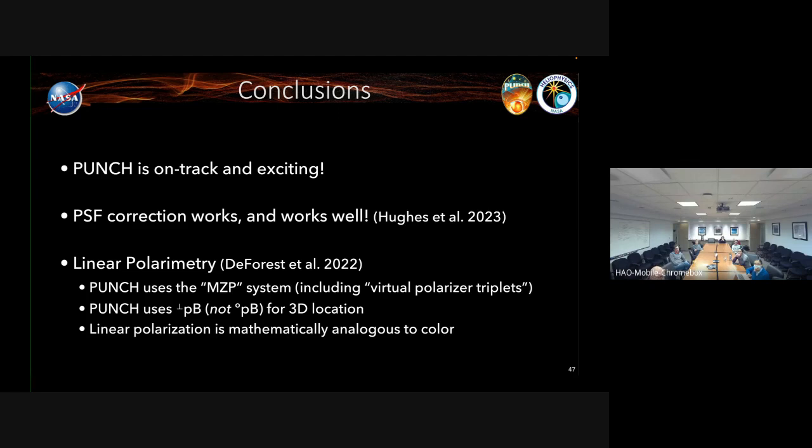Linear polarimetry, we use this tripolarizer system that people have used for measurement, but that we also are now using to represent polarization as well. We use PERC-PB, as all good people should. And you should take away this insight that relates polarization to color states. That's it. Thank you.